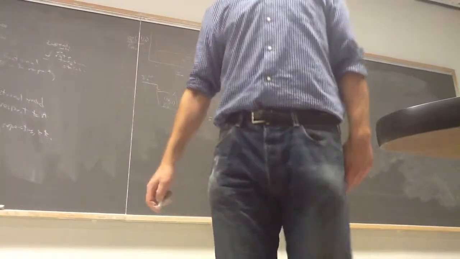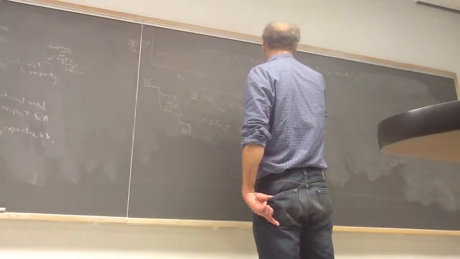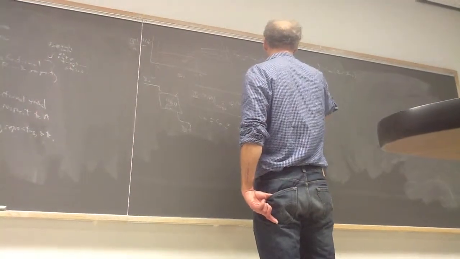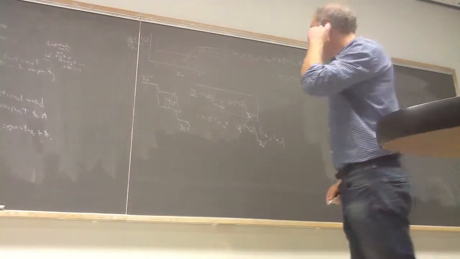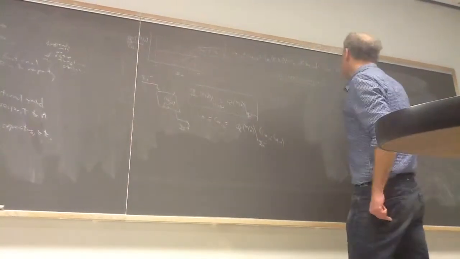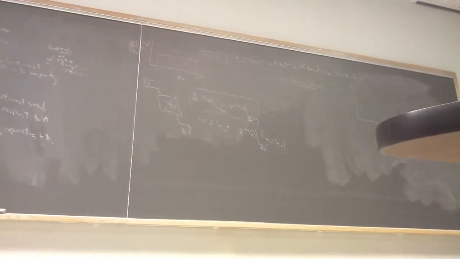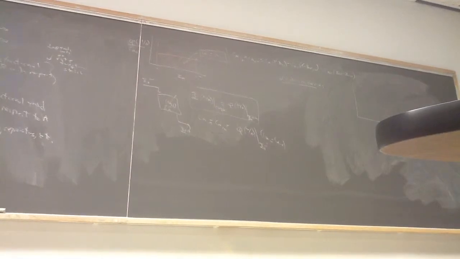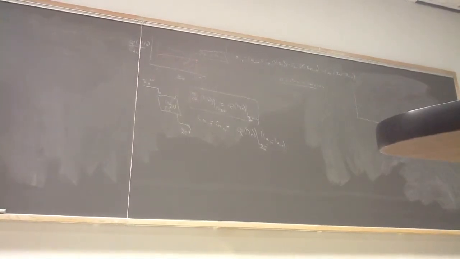What if I have phi for n CSTRs in series? Well, if I have n CSTRs in series, can you see over here, this far in the blackboard? Okay, so I should write even further. So I have n CSTRs in series.